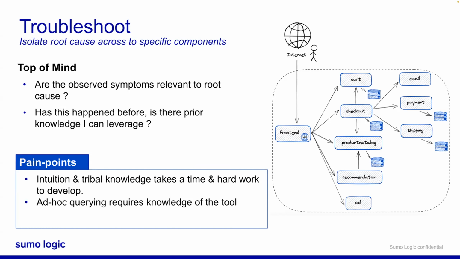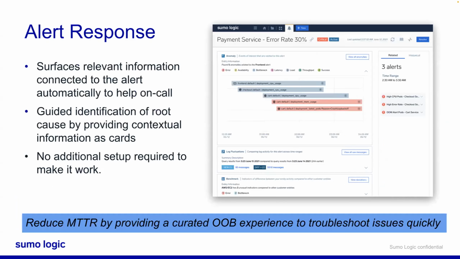So how do we fix this, right? This is what we were doing when we wanted to design alert response. These are all the problems that we wanted to address, and hopefully we are doing that with our alert response capability. So in a nutshell, it's a capability that provides an out of the box experience to help guide on-calls to troubleshoot issues quickly.